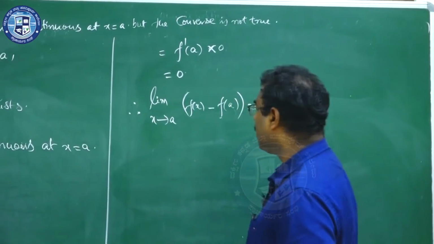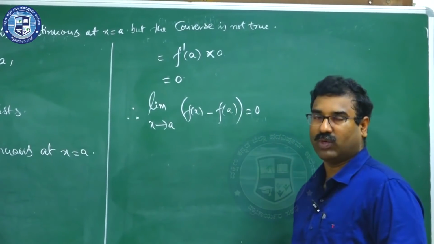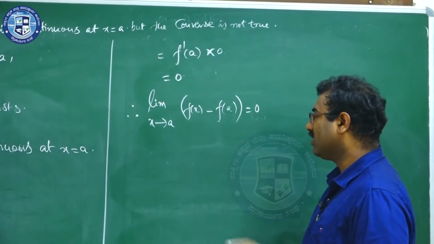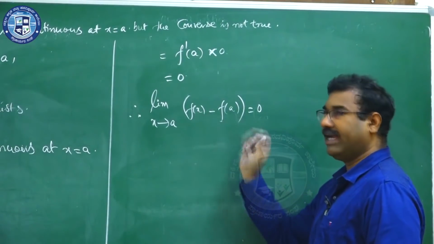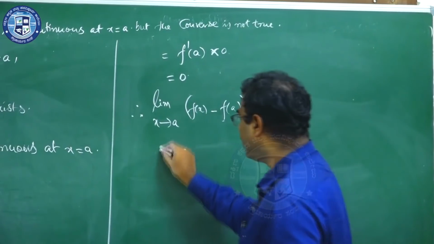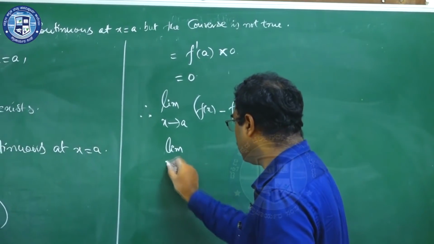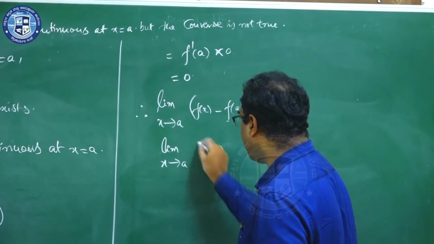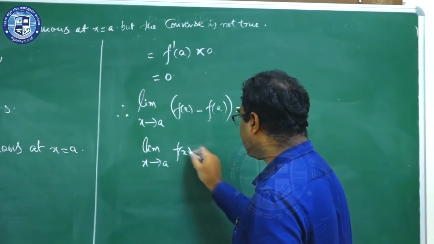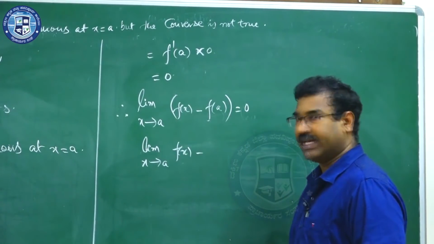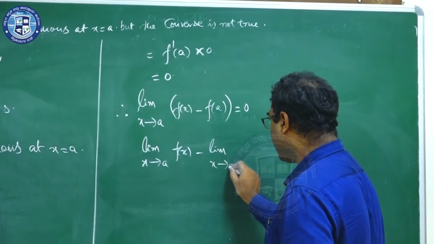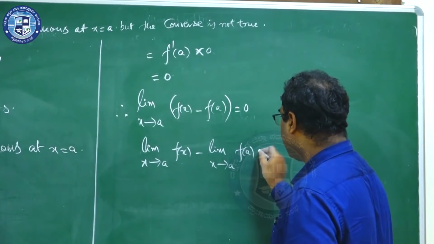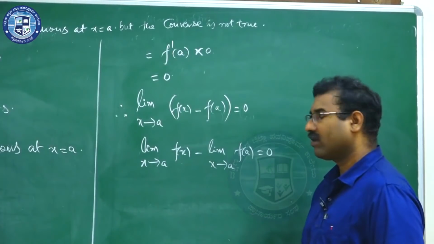Now from this, by algebra of limits, we can apply again separately the limit for f(x) and f(a). So limit x tends to a of f(x) minus limit x tends to a of f(a) is equal to 0, right?